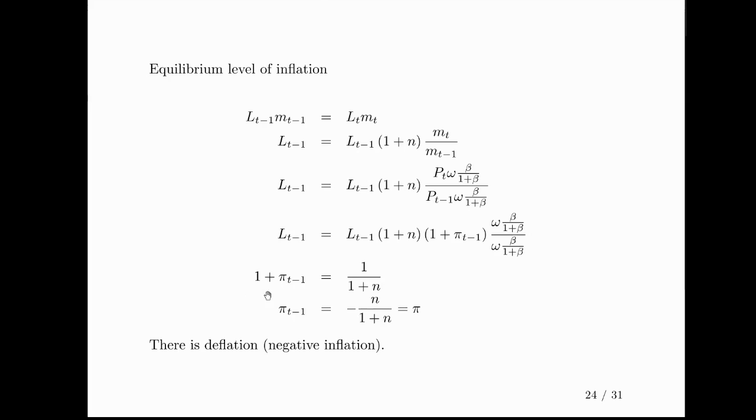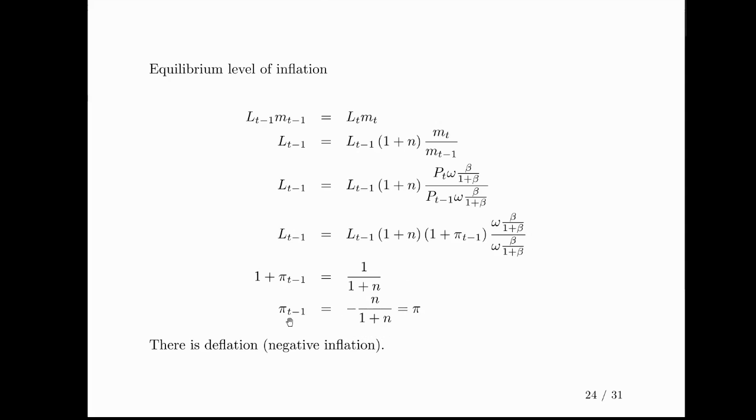And what I can do is subtract 1 on each side. And so if I do that, I get 1 minus 1 minus n, so I get minus n divided by 1 plus n.